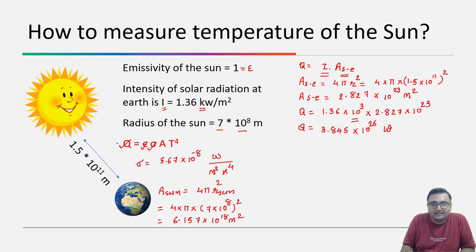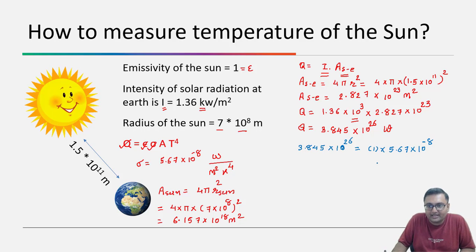Putting all the values in this equation, instead of Q I am putting 3.845 into 10 raised to 26, which is equal to E, which is 1, sigma, which is 5.67 multiplied by 10 raised to minus 8, into the area of the sun, which is 6.157 into 10 raised to 18, and again the temperature of the sun raised to 4.